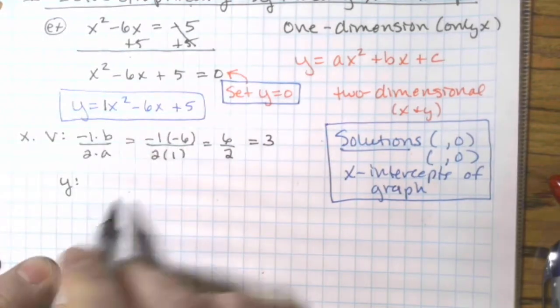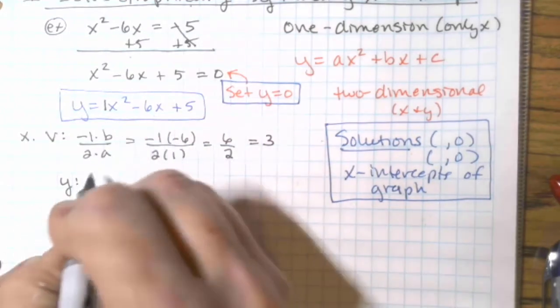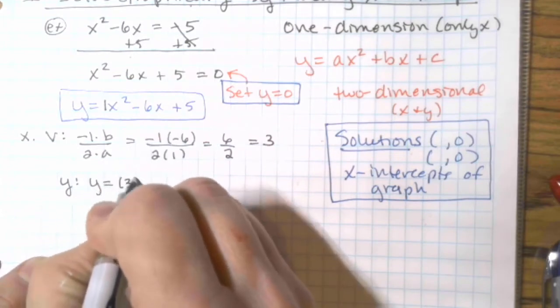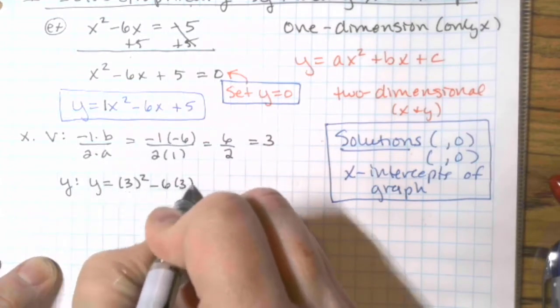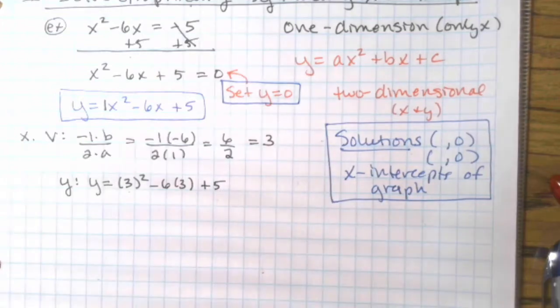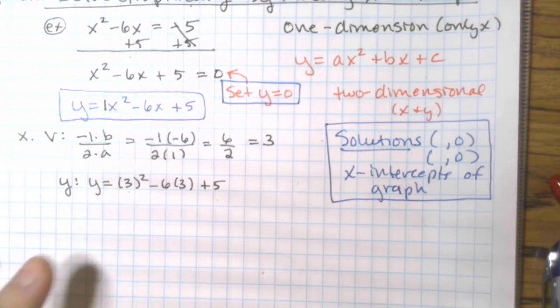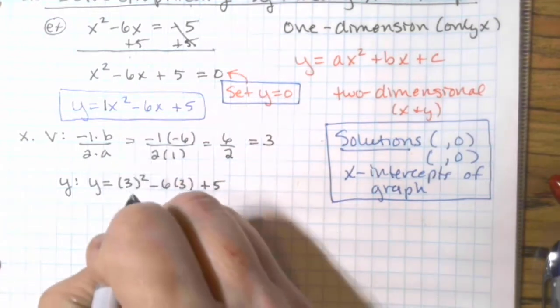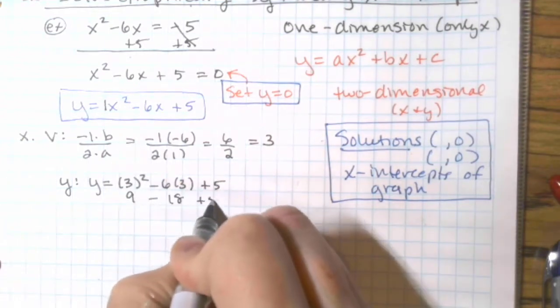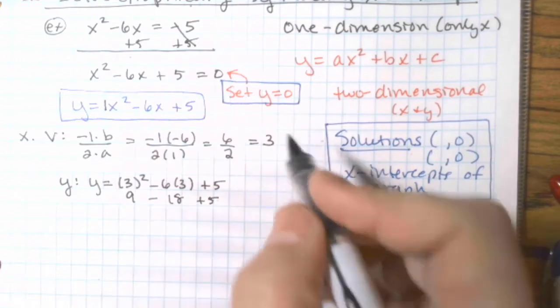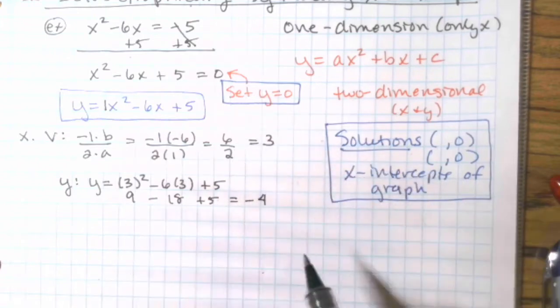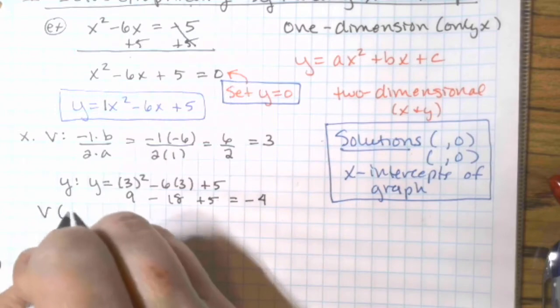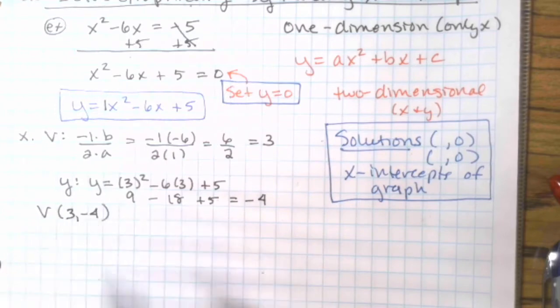For the y-coordinate, you take the 3 and substitute it in. So y equals 3 squared minus 6 times 3 plus 5. So we do the perfect square first. Minus 18 plus 5, so -9 plus 5 is -4. So our vertex is (3, -4).